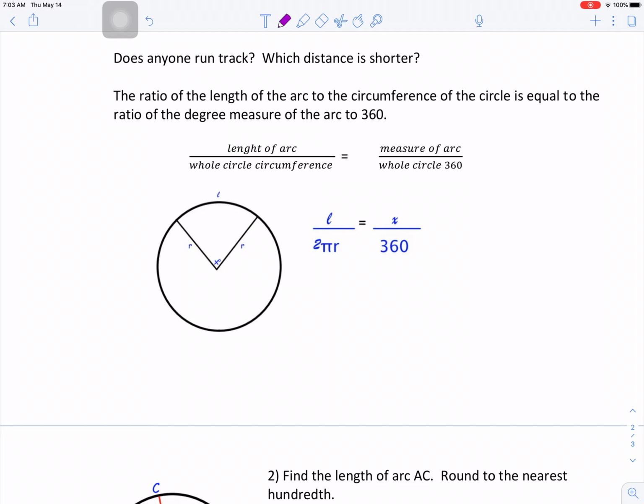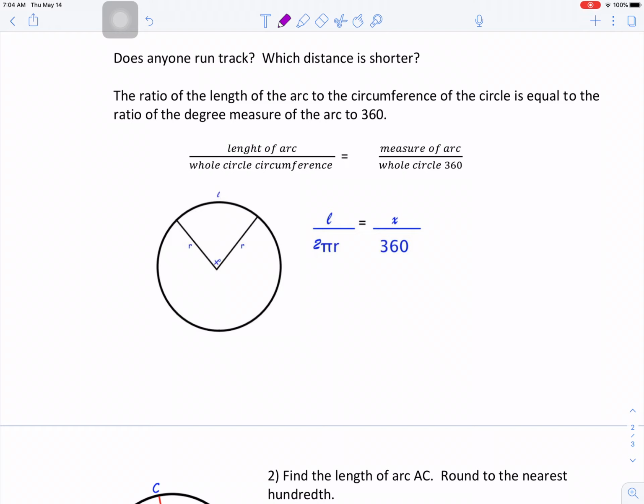The ratio, a comparison of two numbers by division, or fraction, of the length of the arc to the circumference is equal to the ratio of the degree measure of the arc to 360. Let's think about that for a second.